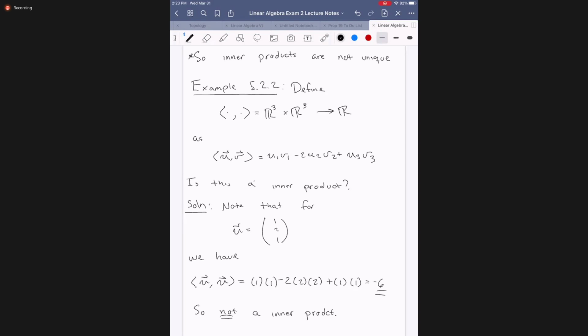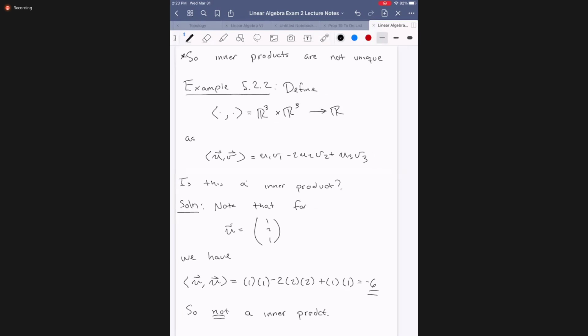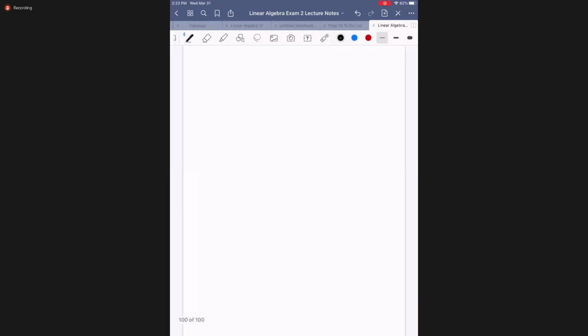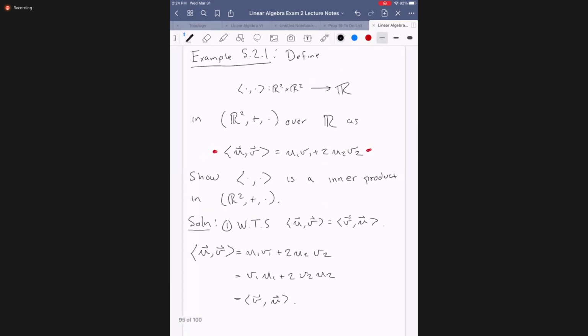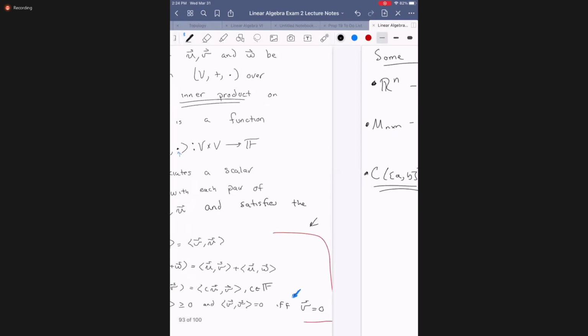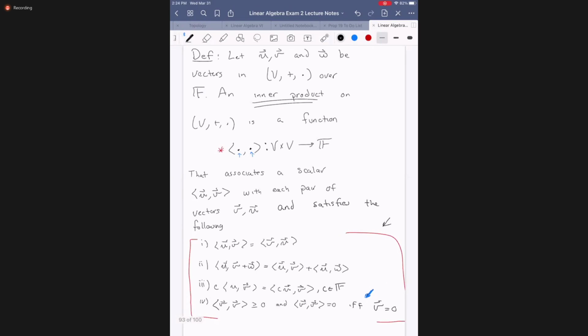Let's do one more example and then talk about lengths and all that stuff. So, example. Yeah, it has to be for all vectors. So I guess maybe I should do that one person. So this has to be true for every vector.